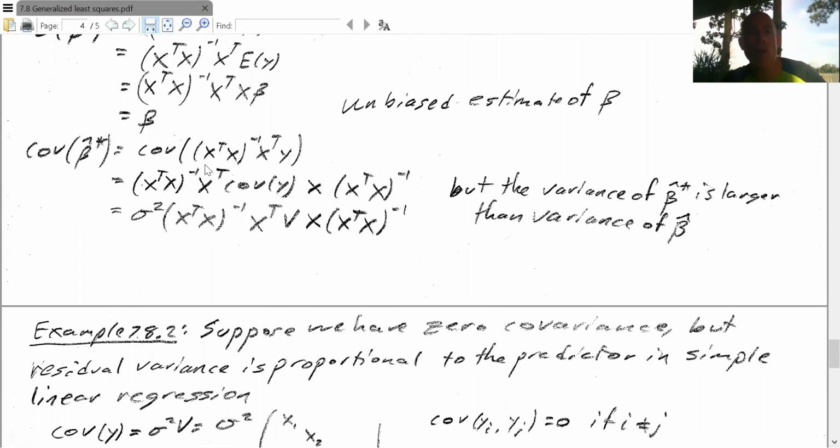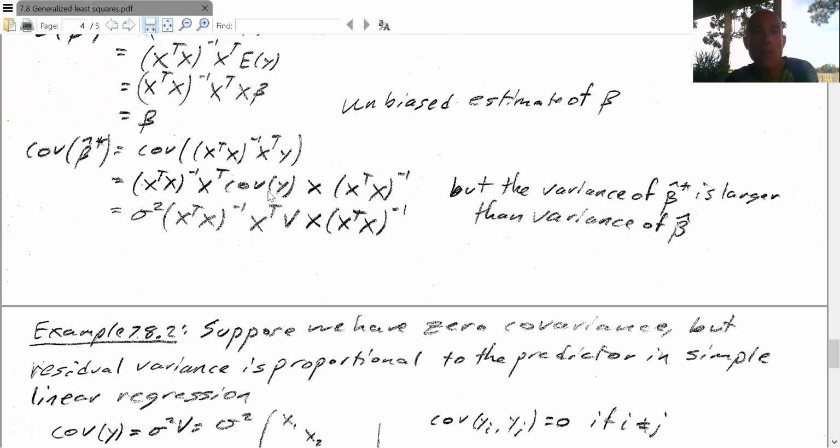Now let's think about covariance. It's going to run like everything else: I have a constant matrix times y. So I use my covariance formula, constant matrix on the right, transpose of the constant matrix on the other side, and then covariance of the variable in the middle.